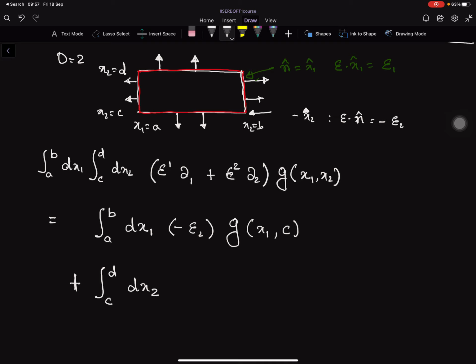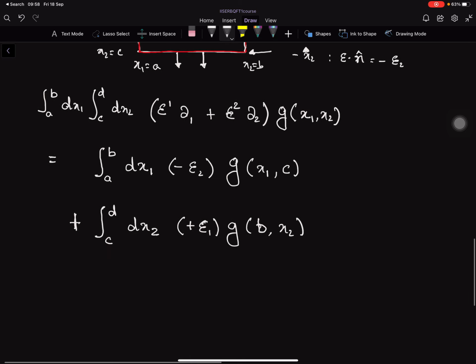That means we get plus epsilon 1 g of x1 now restricted to b, and x2.